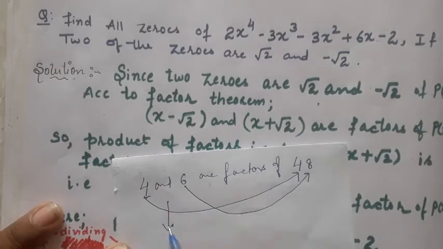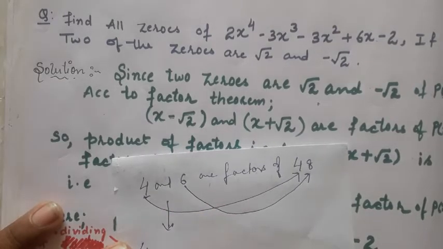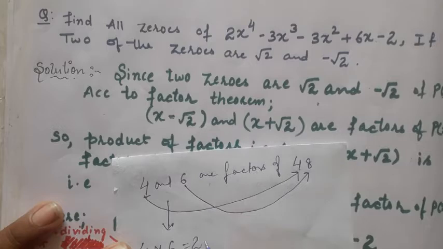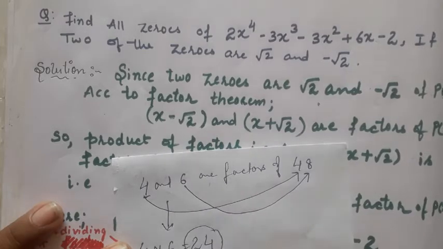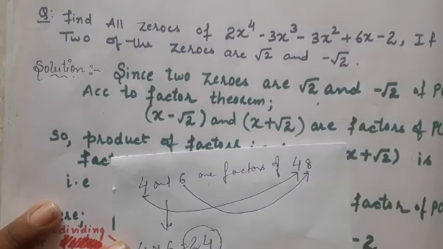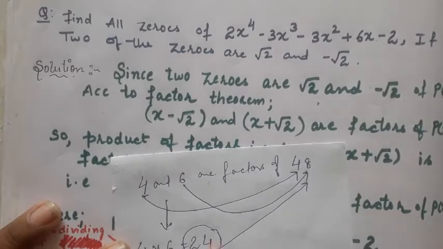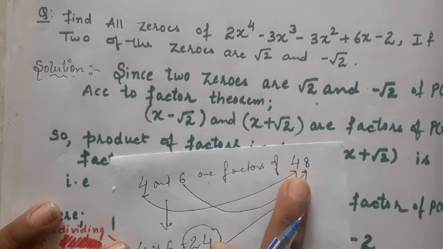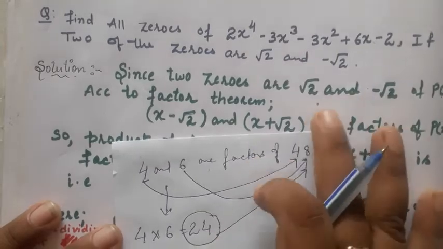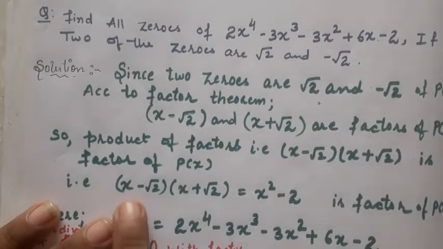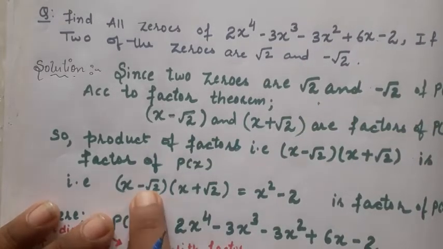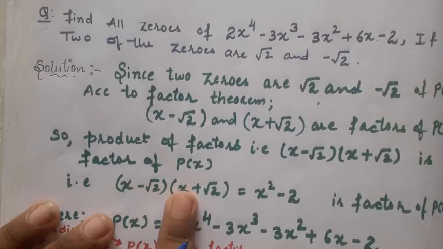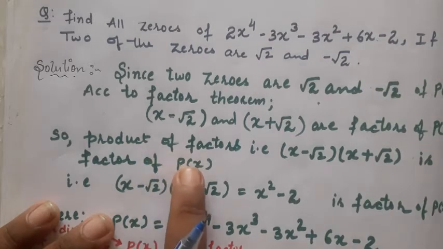Now their product, 4 into 6 equals 24, will also be a factor of 48 as it completely divides 48. Similarly, we can say the product of x - root 2 and x + root 2 will also be a factor of p(x).